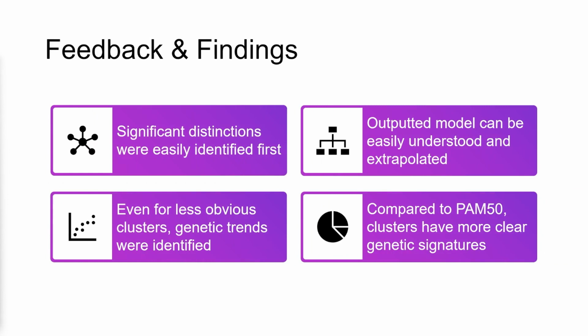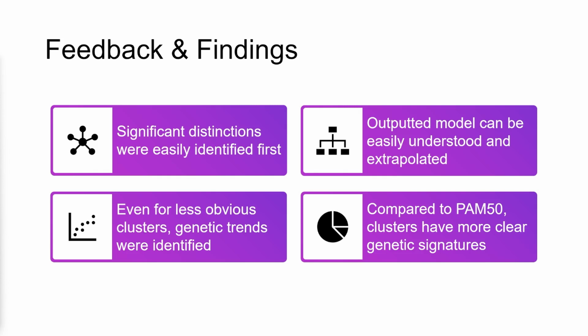Through our case study and evaluation from biomedical researchers, it is shown that Vis-SPLIT is easy to use and quick to identify important distinctions in genetic signatures. The researchers were able to easily extract clusters resembling the HER2, basal, and luminal groups defined by the existing PAM50 system, and could easily see genetic trends relating to the subtypes of the luminal group.